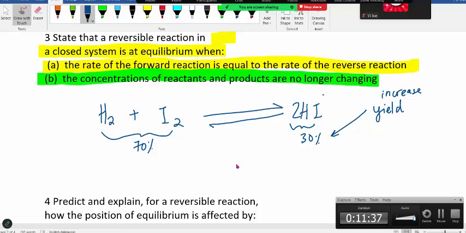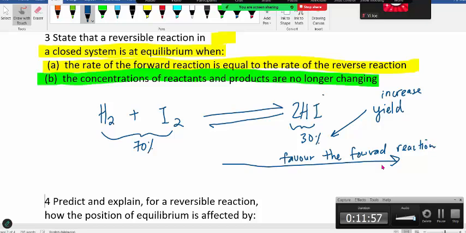So I can change the conditions to make it go this way. Changing the conditions to make it go this way is called favoring the forward reaction, or shifting to the right.